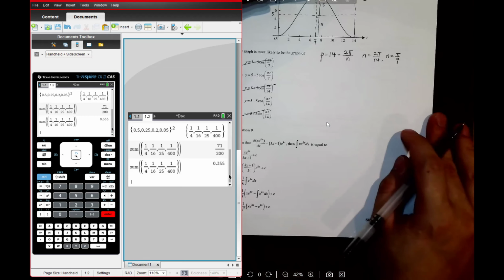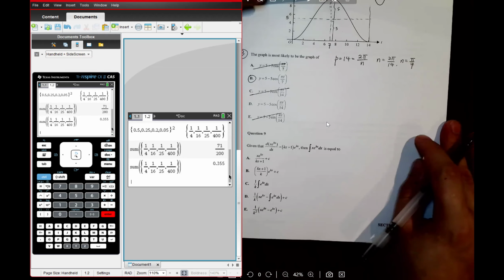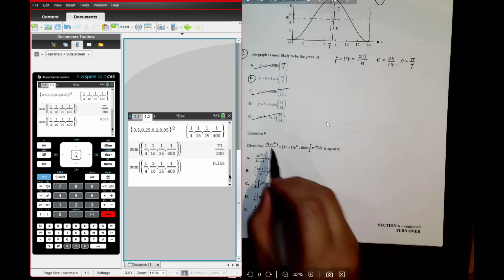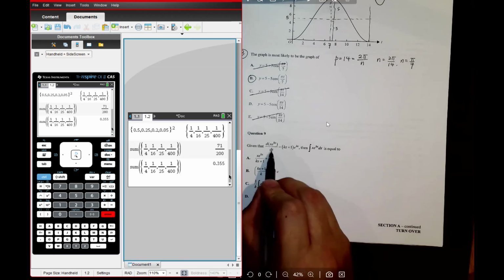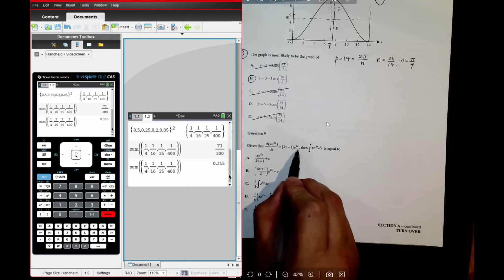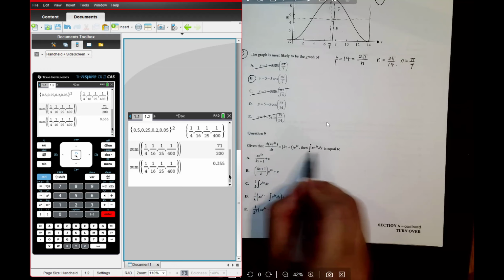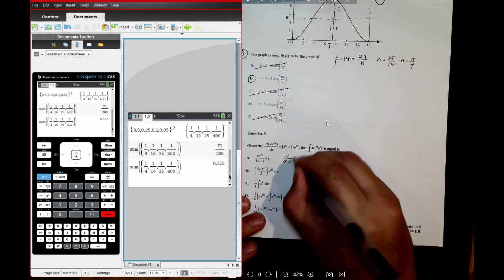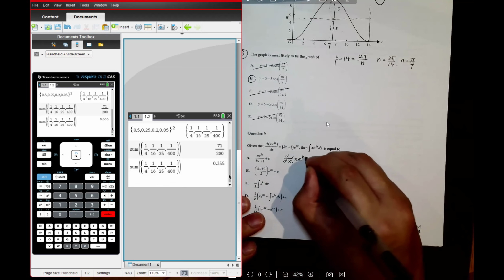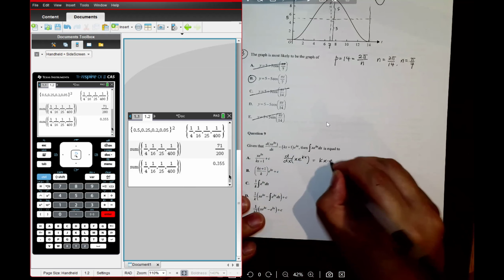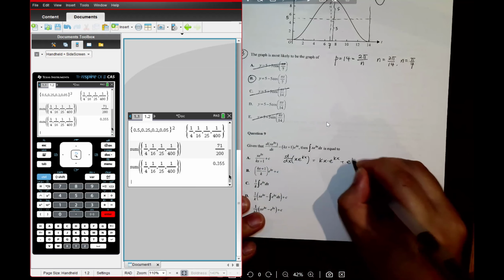If you take a look at question 9, this is a typical question using integration by recognition. First of all, you have this relation: d/dx of x times e to the power kx is (kx plus 1) e to the power kx. We'd like to get the integral here. Basically, we can write d/dx of x e^kx equals kx times e^kx plus e^kx.